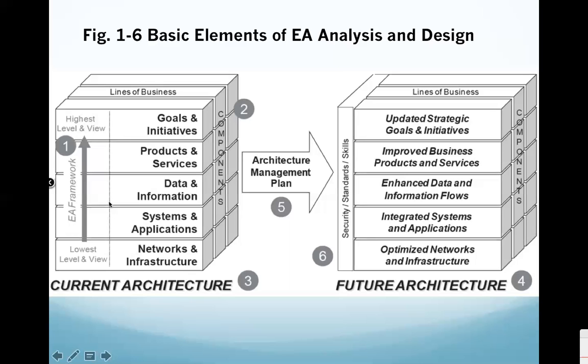So from an EA standpoint, there's the current architecture. It's comprised of lines of business and components. Here's the stack. We have strategy, business processes, data and information, applications, and network and infrastructure. And then we get a roadmap, a plan for moving from the current to the future.